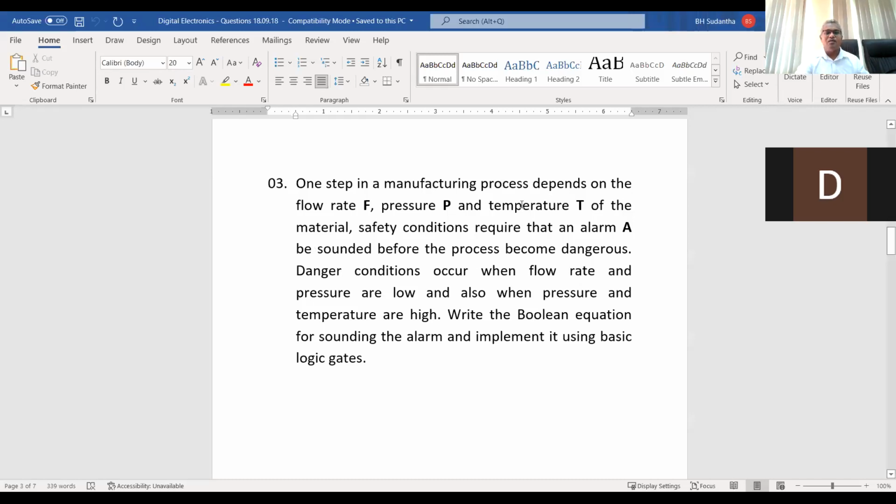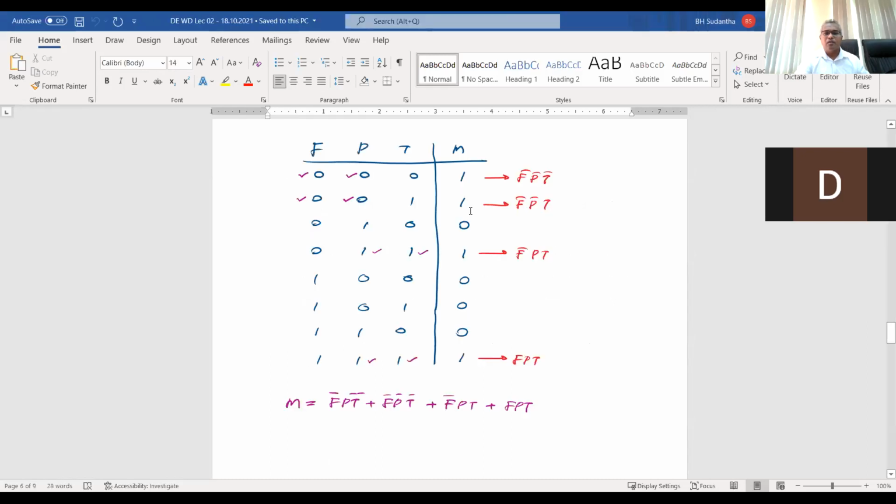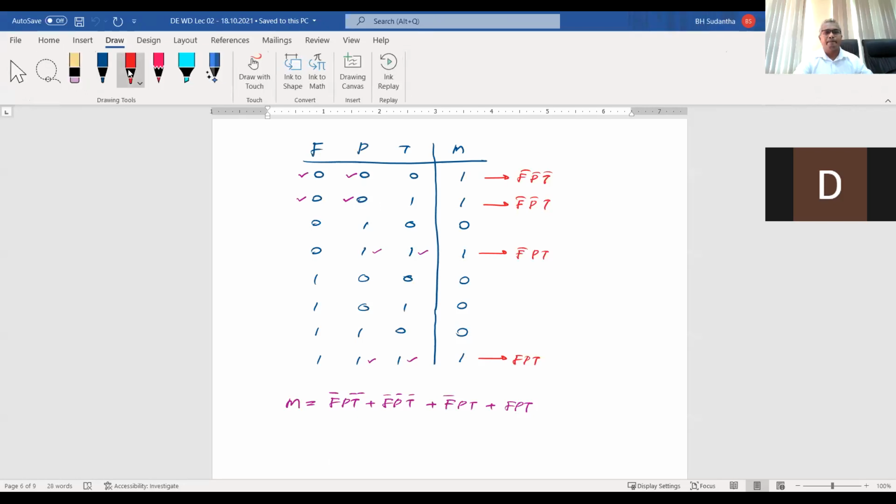Then this is flow rate and pressure are low. And this is the first condition.